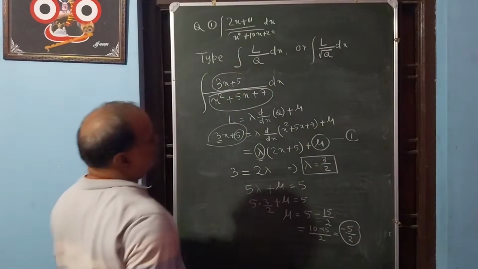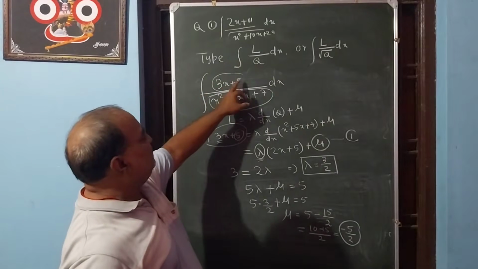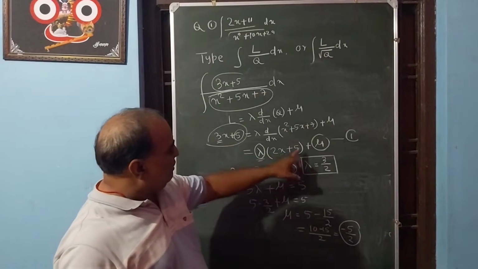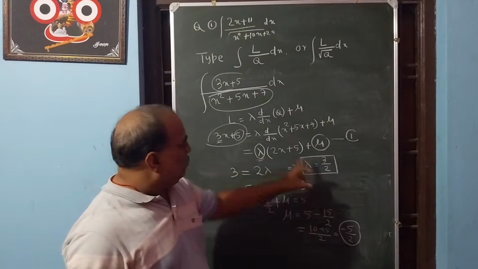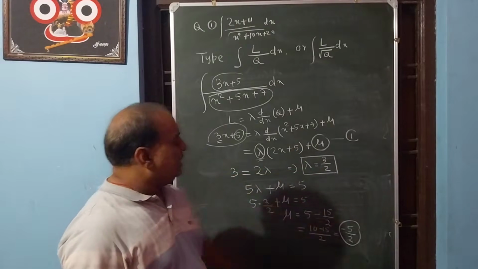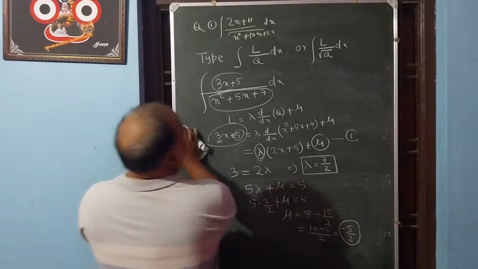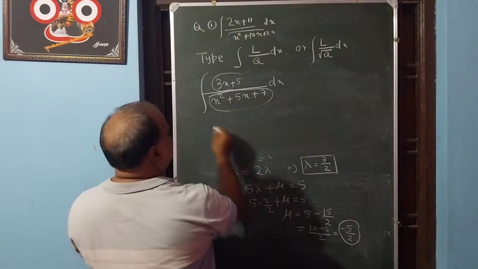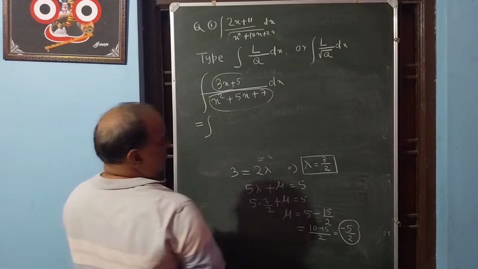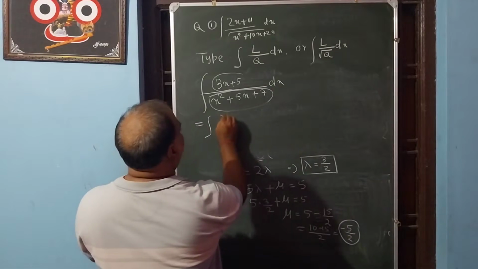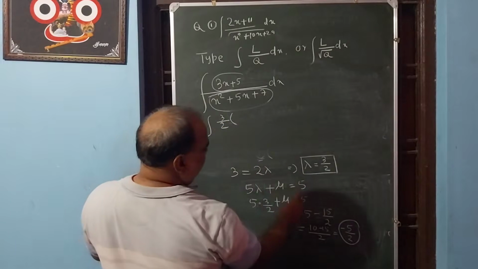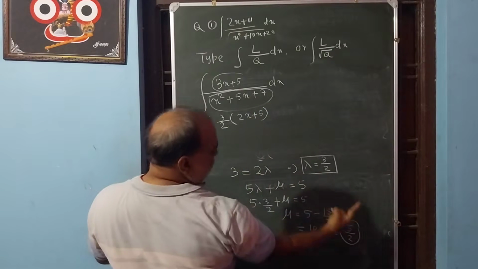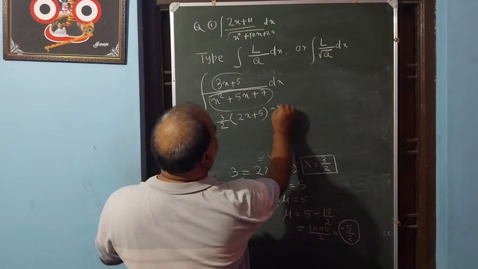So the integral becomes, in place of 3x plus 5, we get 3 by 2 into 2x plus 5, plus minus 5 by 2.